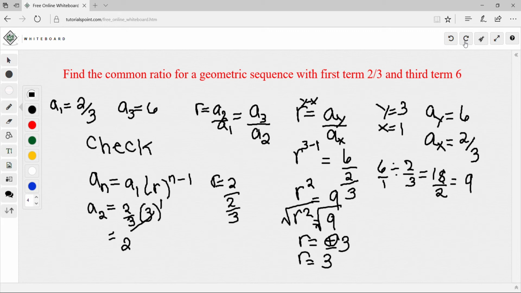And then I'm going to simplify by using brackets. So I'm going to multiply everything by 3. And that should give us 6 over 2, which is 3. So that comes out true, so our ratio must be 3.